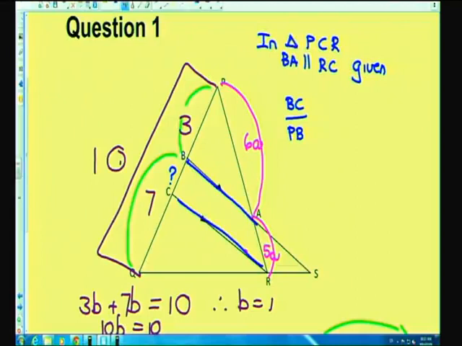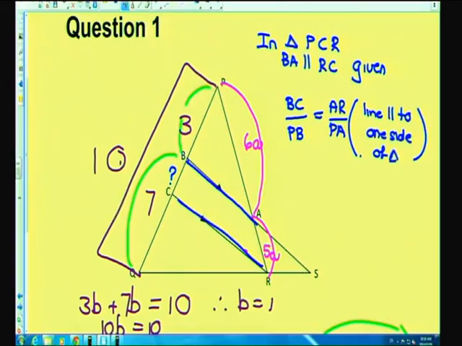So here I must take AR over PA, because that would be proportional sides between the parallel lines and above the parallel line. So now that would be line proportional, parallel to one side of triangle. That would be the reason we would use for this particular statement.